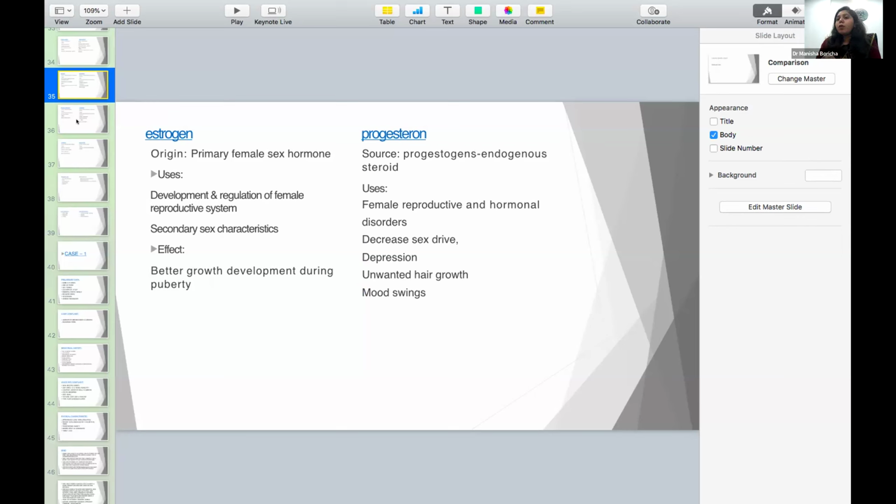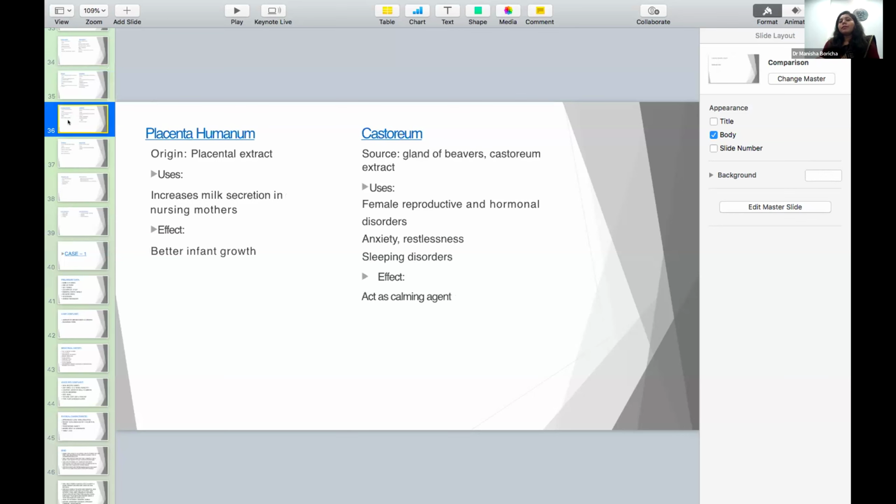Progesterone, the progestins, are endogenous steroids. They are used in female reproductive hormone disorders, decreased sex drive or libido, depression, unwanted hair growth, mood swings. Progesterone acts very well. Next one. Placenta.